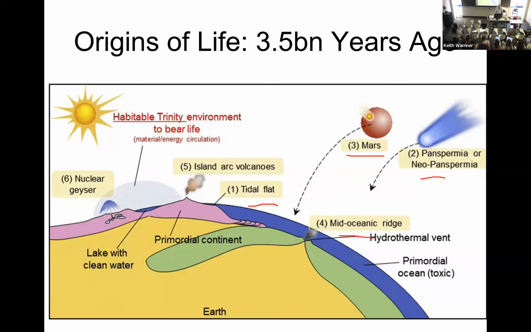Now, a similar theory to that is the nuclear geyser and I guess the volcano. So what it's suggesting in these two theories is that we needed something to react to actually produce these building blocks, the proteins and the nucleic acids. And because the primordial soup was this sort of toxic sea of sulfur and ammonia, acid, probably strong alkali, there was this sort of golden spot where life could adapt and then spread out as the Earth became a bit more livable.